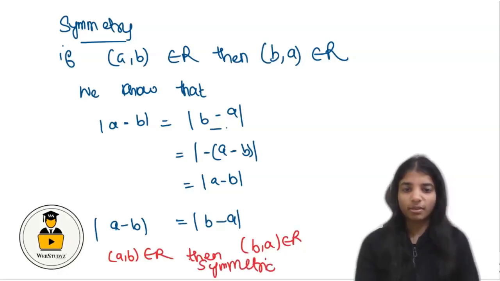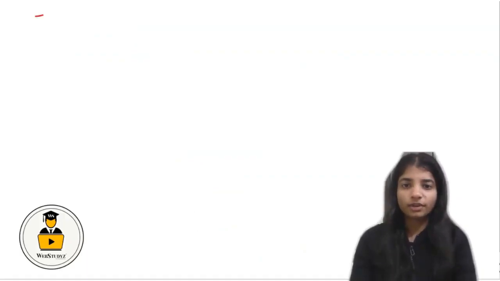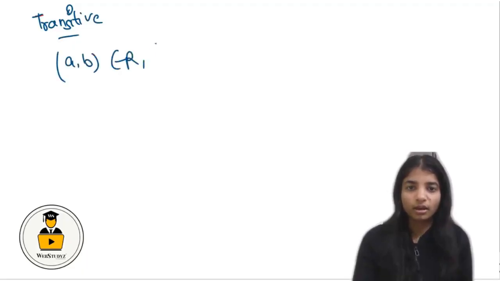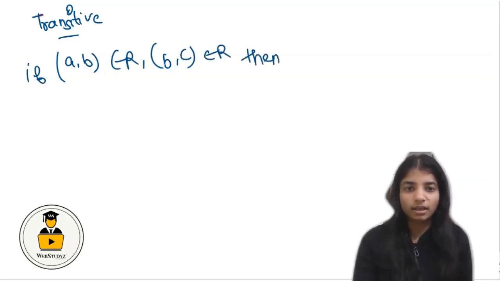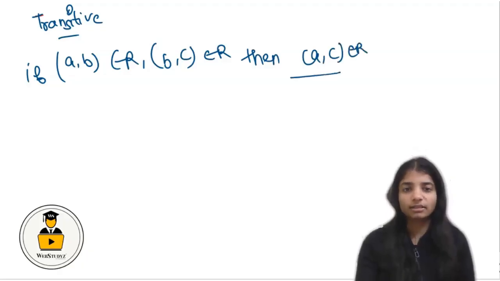Now we are considering the transitivity of this relation. The condition is that if (a, b) belongs to R and (b, c) belongs to R, then (a, c) belongs to R. If this condition is satisfied, then the relation is transitive.